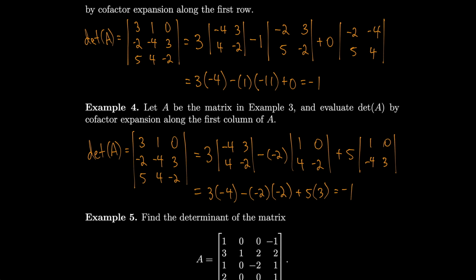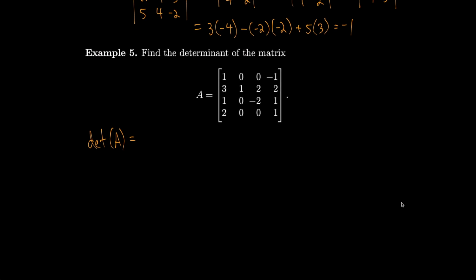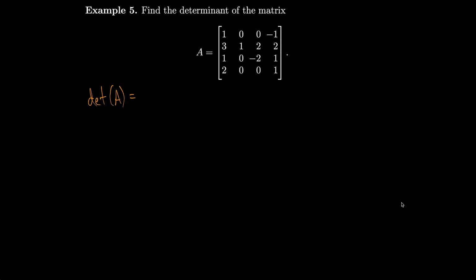So our computation was somewhat easier, because we didn't even have to compute that determinant. When we did it over here, it wasn't as efficient because we computed an extra determinant that we didn't have to, because we were told to use this column instead of this row. So it looks like it'll be advantageous in terms of our computations if we choose a column with a lot of zeros.